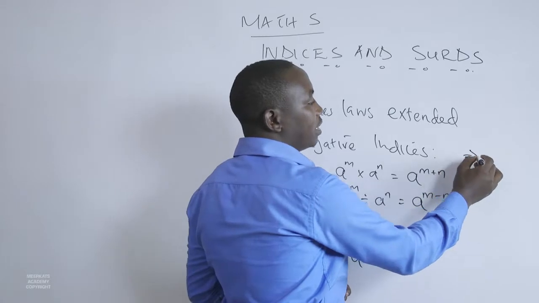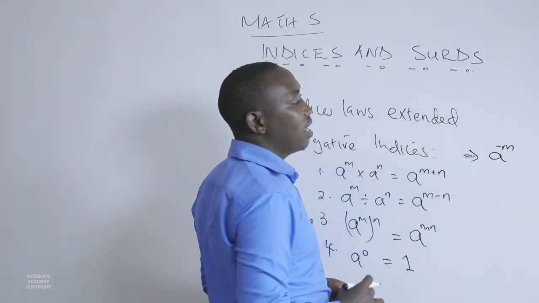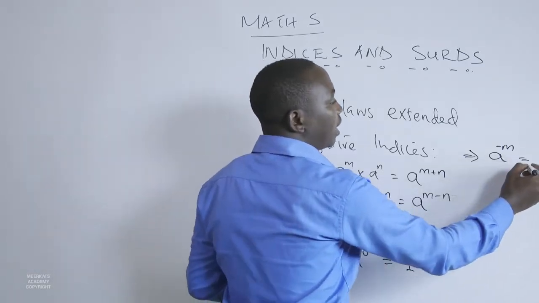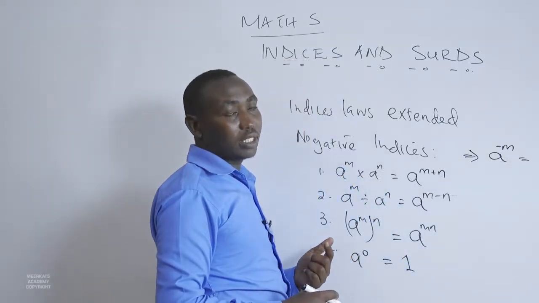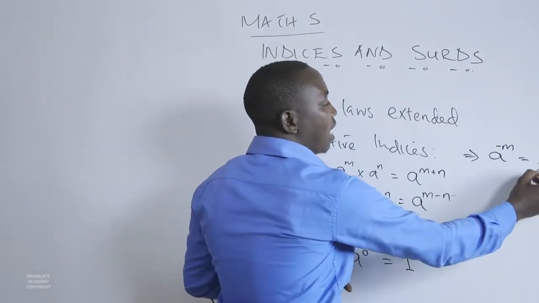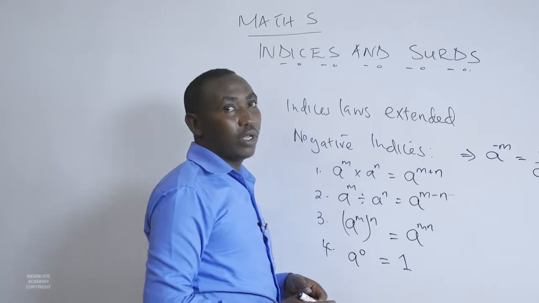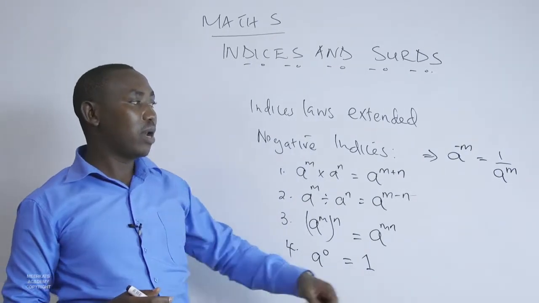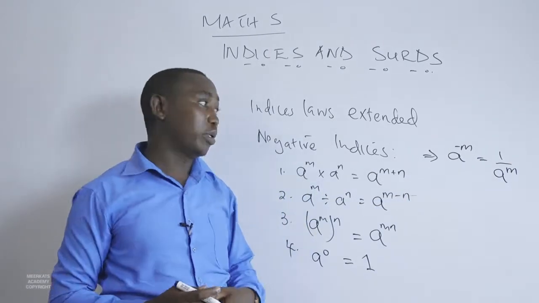On negative indices, we said whenever you are given an index a raised to negative m, for you to rewrite this as a positive index, this will be 1 divided by a raised to m. So when you find the reciprocal of that particular number or the pronumeral, the power changes to be positive.